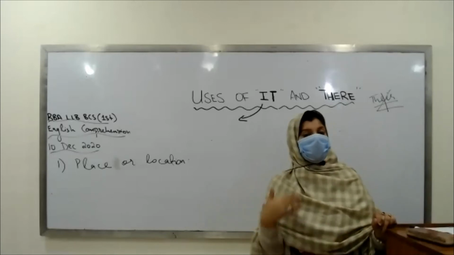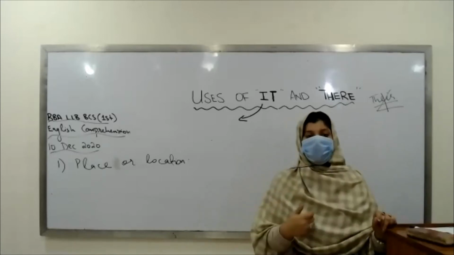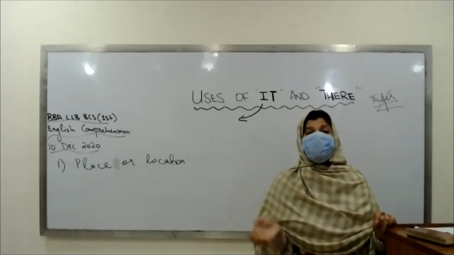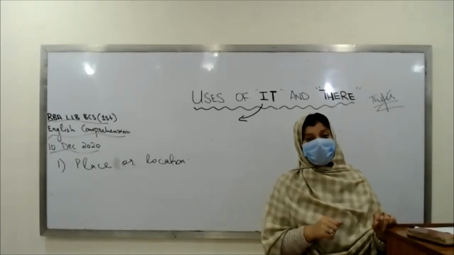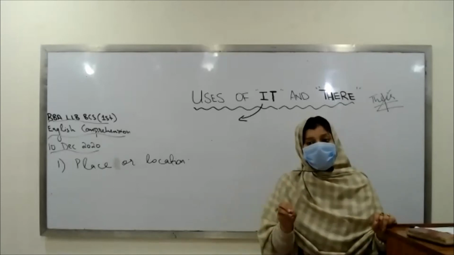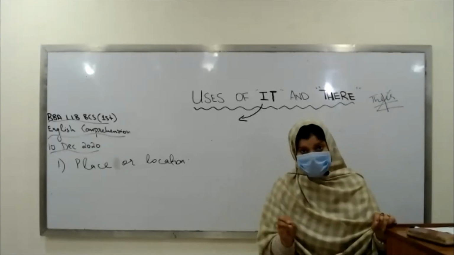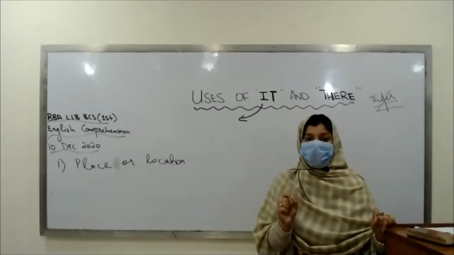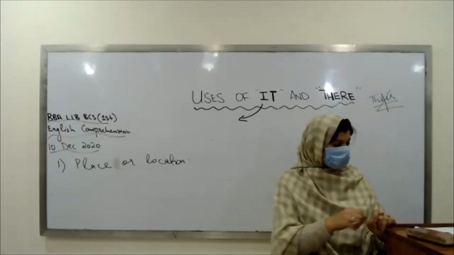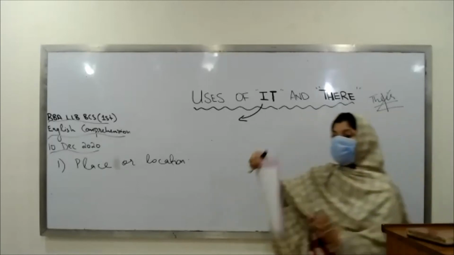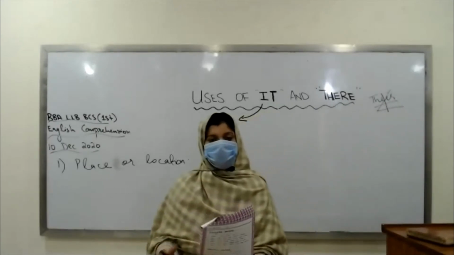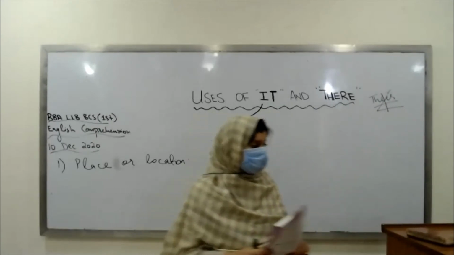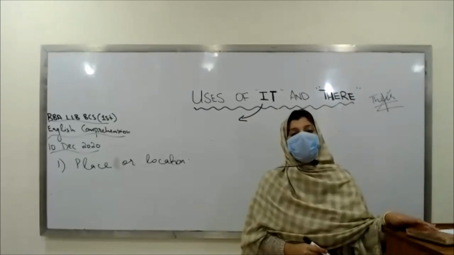What is the teacher introducing, announcing? A sports competition that is going to be held next week. Now this is a new information, a new idea which has been introduced in a sentence with the help of what? With the help of there. Okay? So this is the second use of there, when you want to introduce a new information, a new idea in a sentence. In the same way, there is going to be a meeting today.